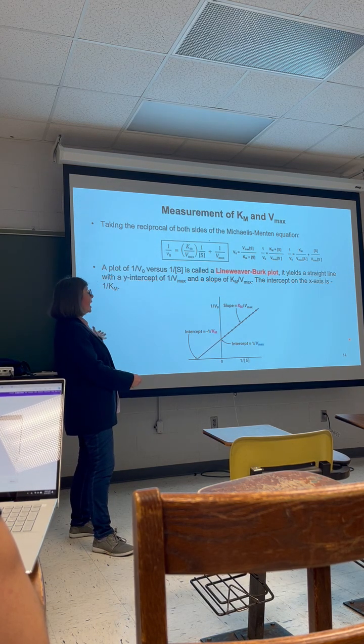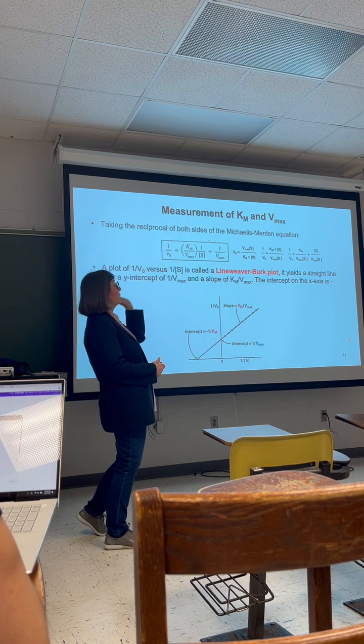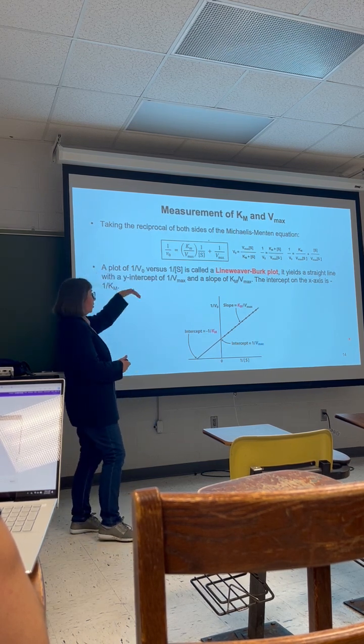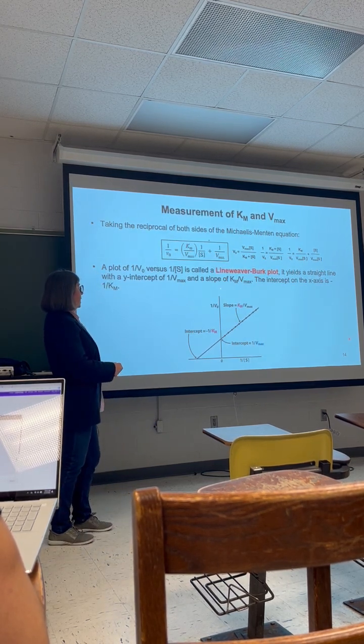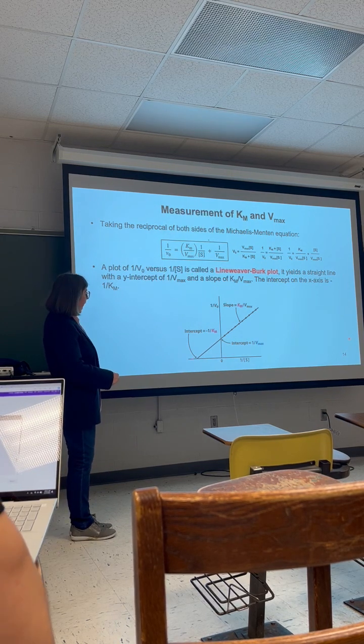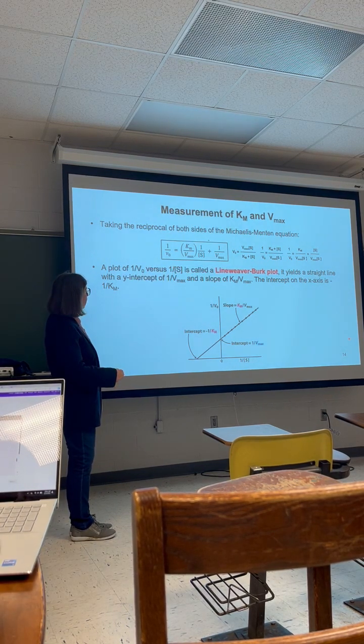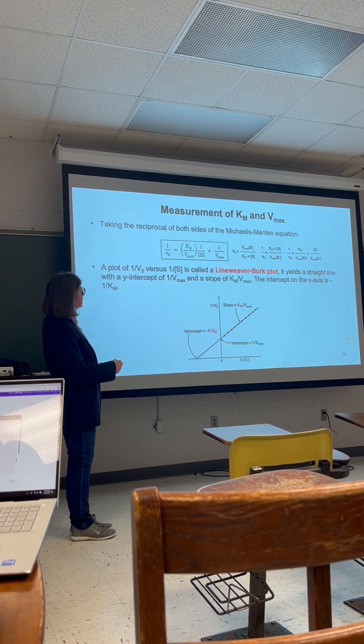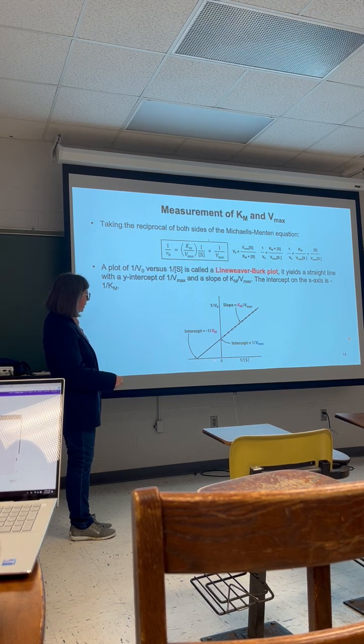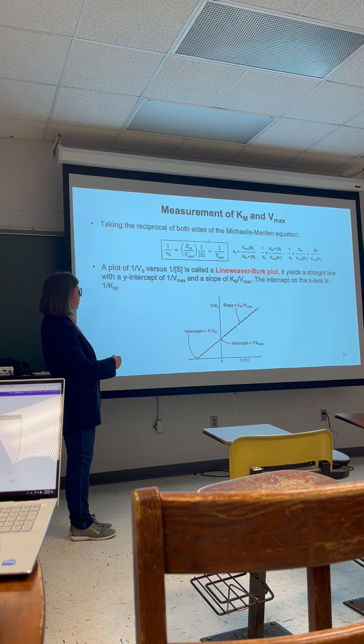It's a straight line, and you don't need to have those curves of the original Michaelis-Menten. So again, on the x-axis, I'm plotting 1 over substrate concentration, this is my x, and 1 over V0 is my y, okay?